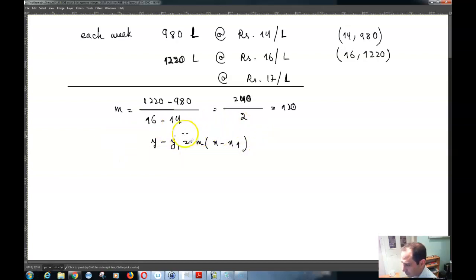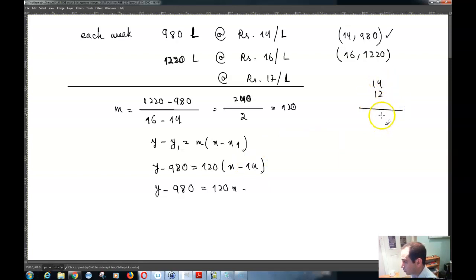So I can use, for example, this point and write y minus 980 is equal to 120 times x minus 14. So y minus 980 is equal to 120x minus 120 times 14, which is 1680. So minus 1680.